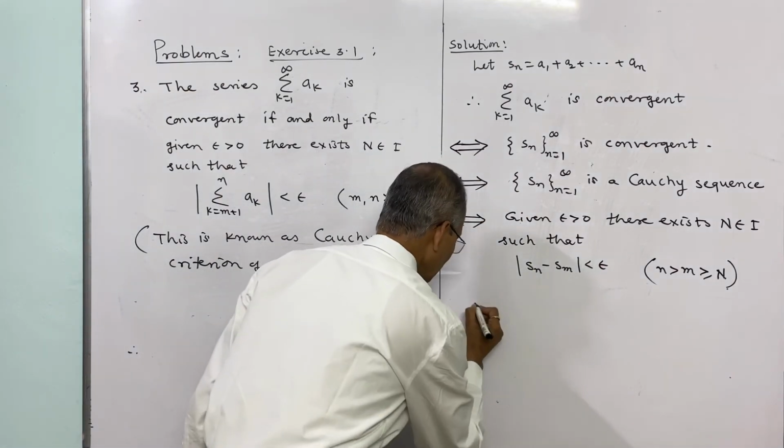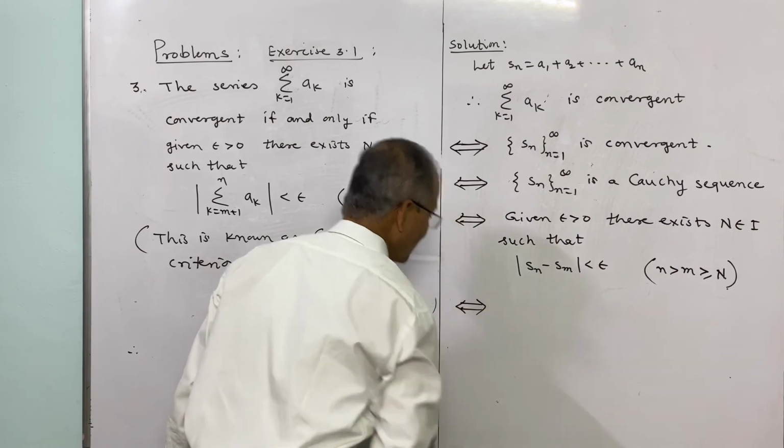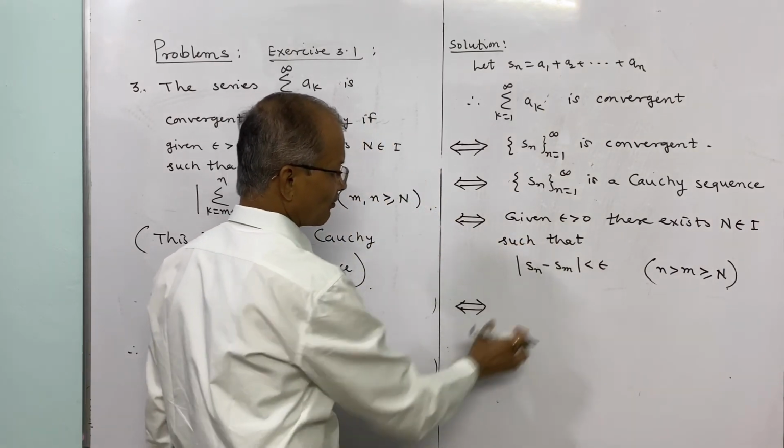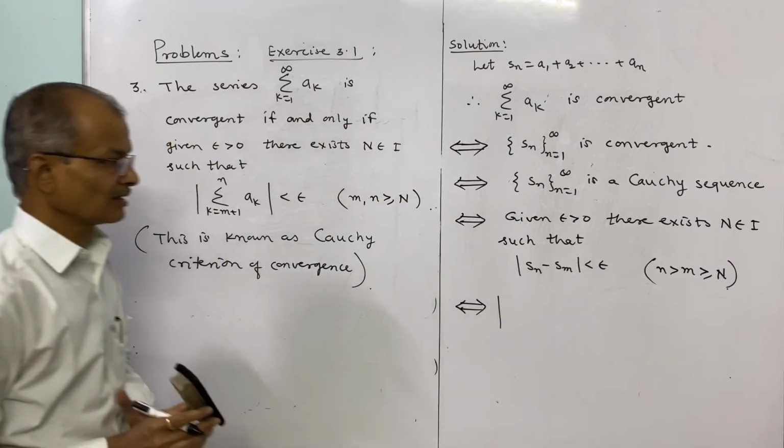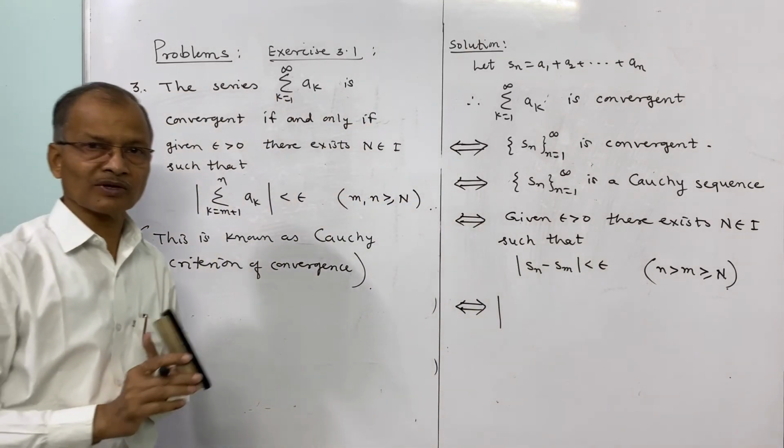Now the same condition will hold. What is Sn minus Sm? Sn means the sum of the first n terms and Sm is the sum of the first m terms.